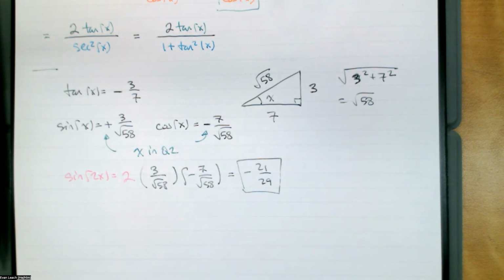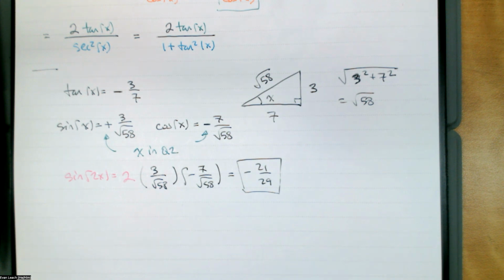The best way to do the problem is whatever occurred to you to do first. If you went through all the extra effort using all the identities at the beginning with the Pythagorean identities and the square roots and all that stuff, and came up with -21 over 29, I'd be perfectly happy with that. If the person sitting next to you made a little triangle and came up with -21 over 29, I'd be perfectly happy with that.